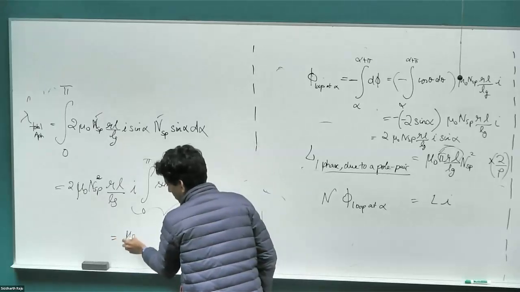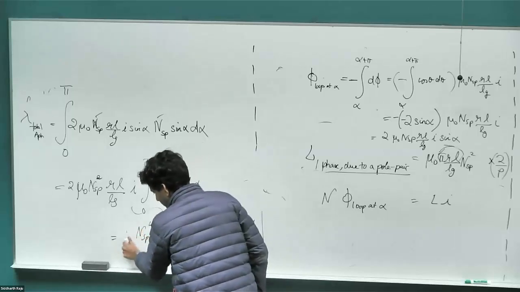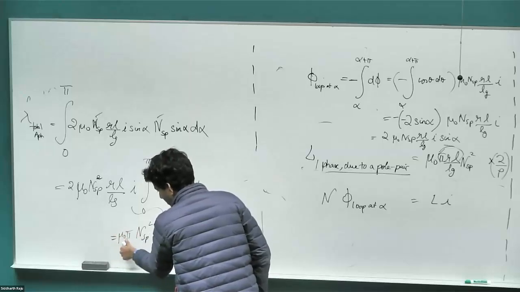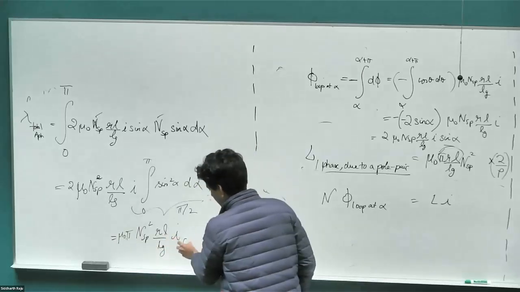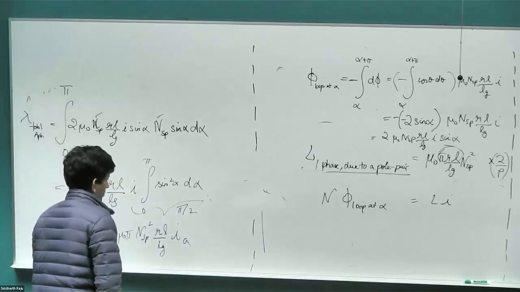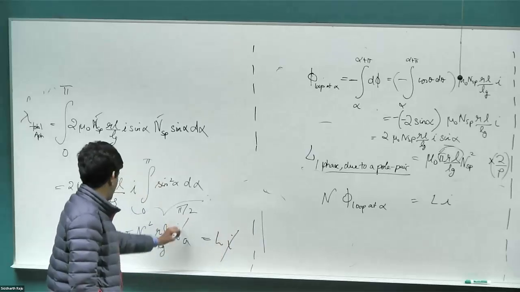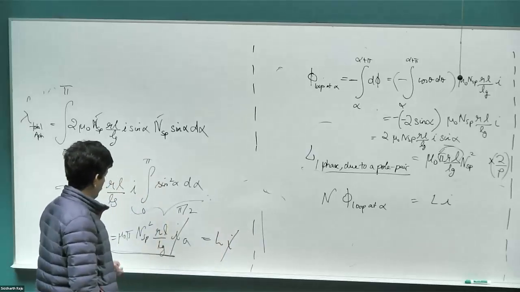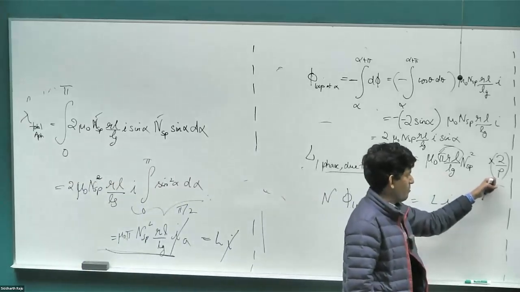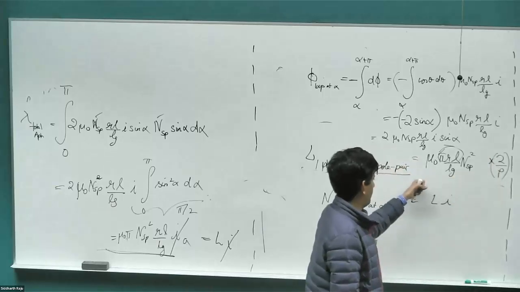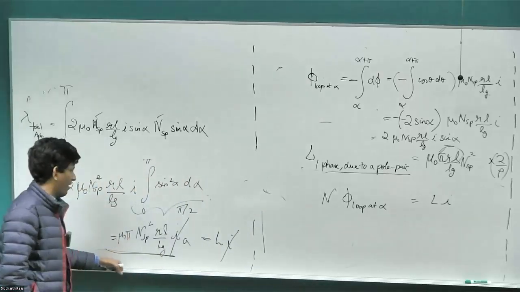You end up with mu naught pi Nsp squared R L divided by Lg times I, the A phase current. Now this must be equal to L times I; I cancels. So you end up with mu naught pi times Nsp squared R L by Lg. Exactly the same expression that we have here. Here we derived it for a general P-pole motor. For a 2-pole motor, 2 divided by 2 cancels, so you just end up with mu naught pi R L Nsp squared divided by Lg. Exactly the same expression that we have here.